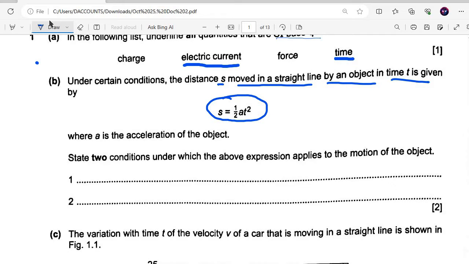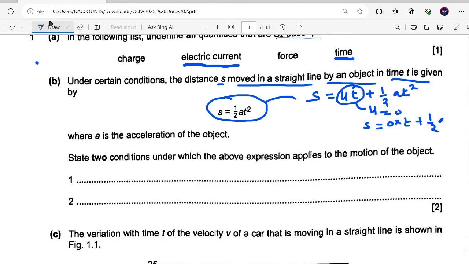Now, if you notice, originally the equation is supposed to be s equals ut plus half at squared. But now there's no ut there, which means most likely u is 0, such that s equals 0 times t plus half at squared. And 0 times t is 0, so it's left with this.